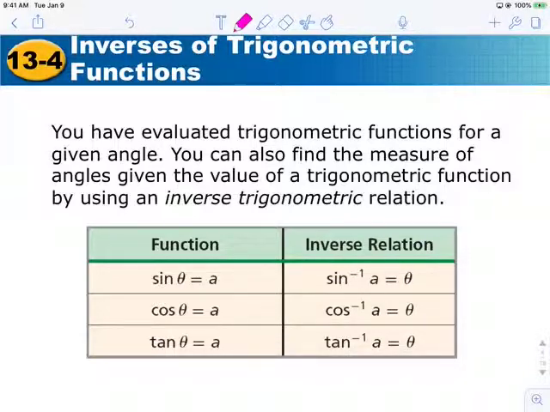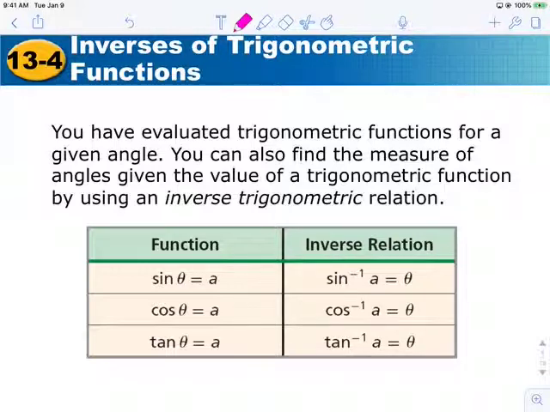While you're writing this down, I want to point out that this is different from, for example, the inverse of 5. It's the multiplicative inverse of 5, but it's not a function. This is just 1 over 5. This is not what we're doing today.